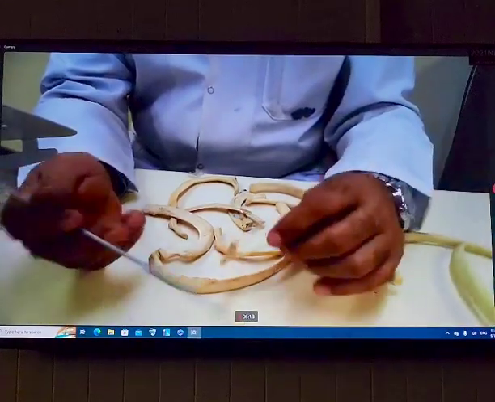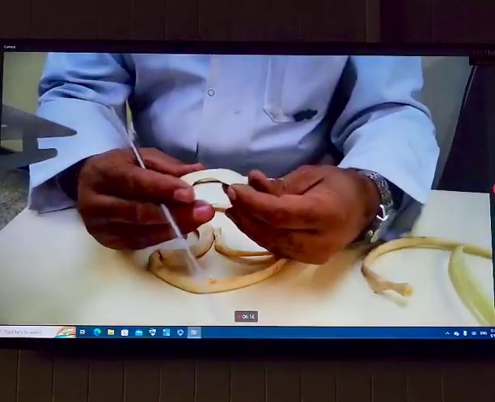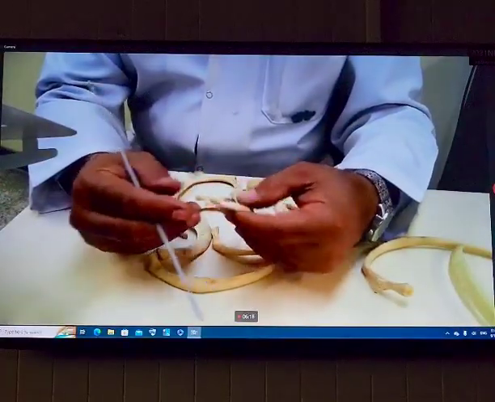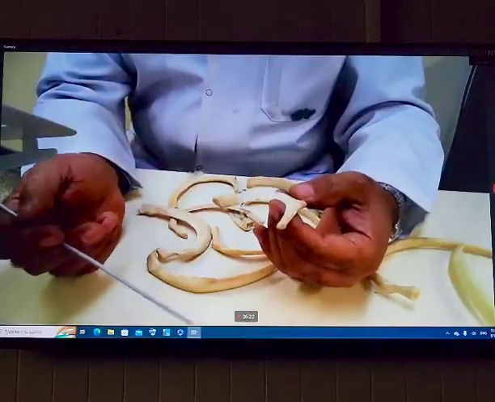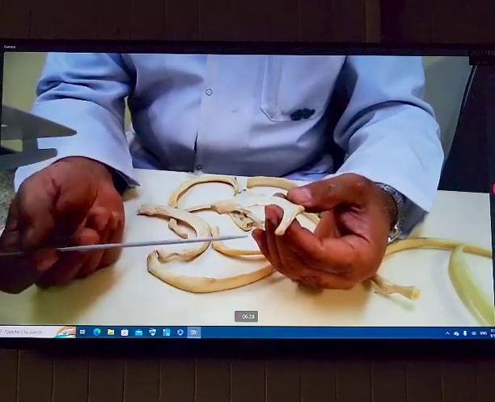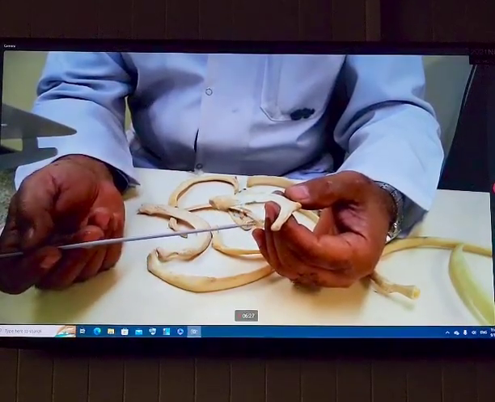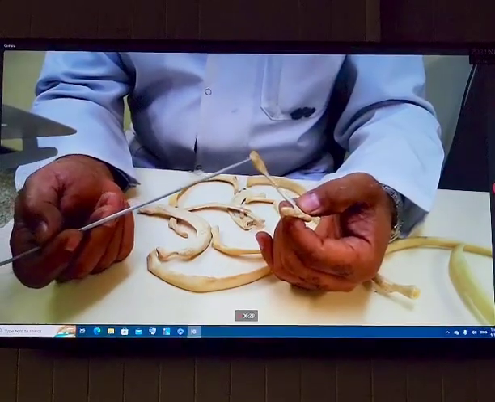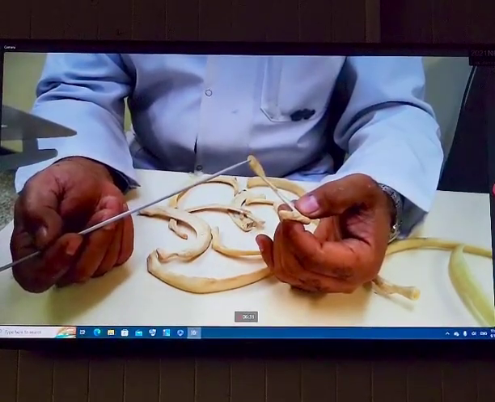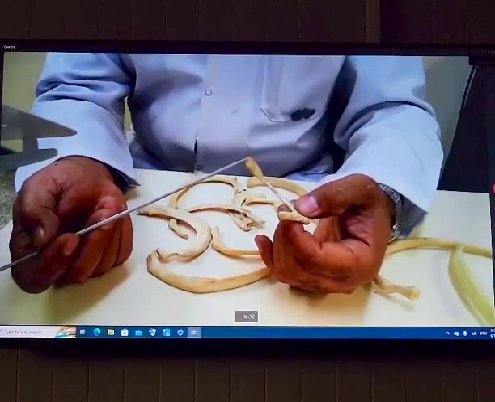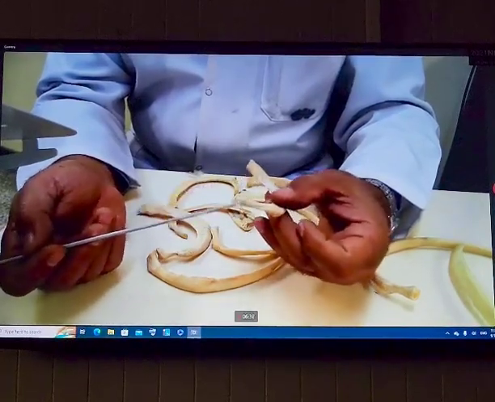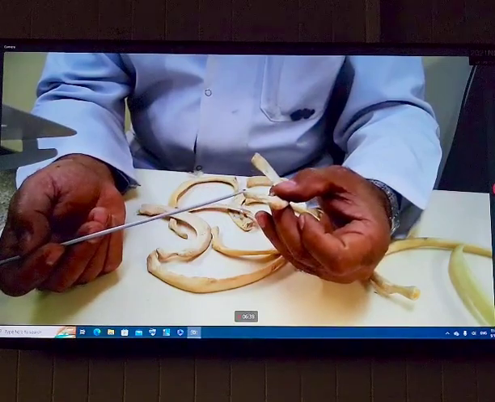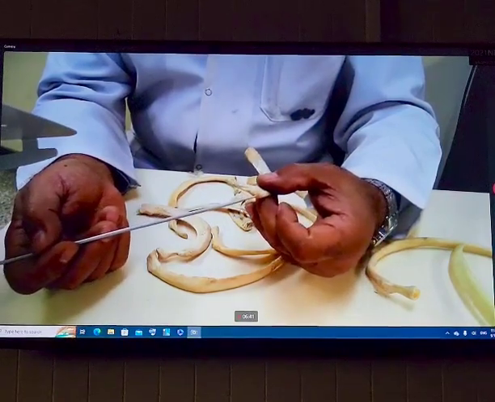For example, this rib is the first rib. You can see that there are many variations in the shape and description of this rib. It has an anterior end which is pointed and for attachment of the costal cartilage. It has a posterior end that is made of a head, neck, and a tubercle.